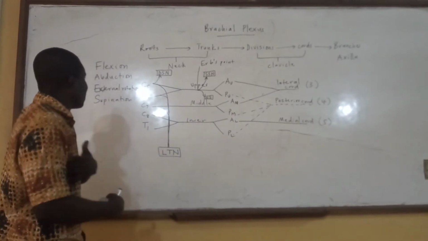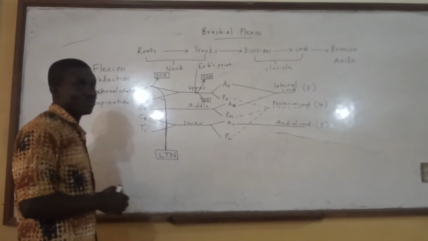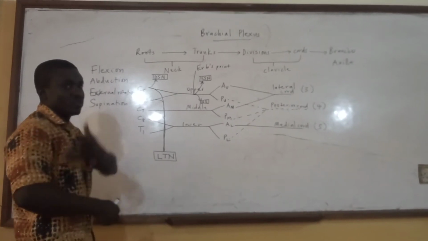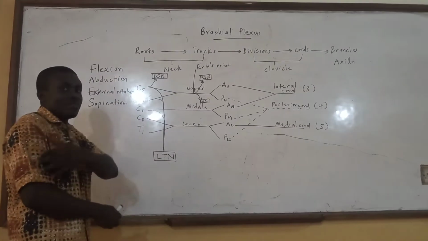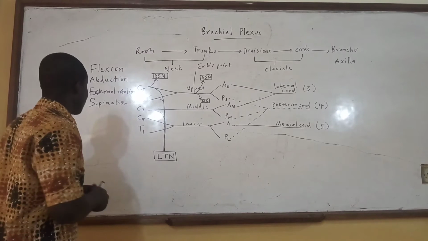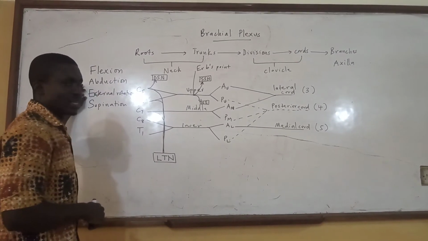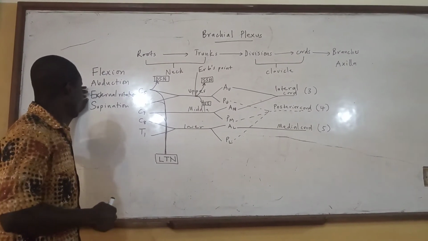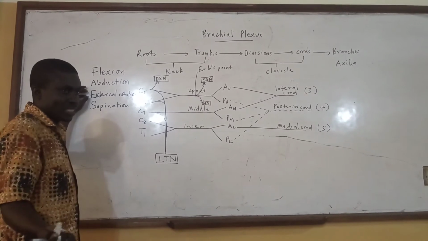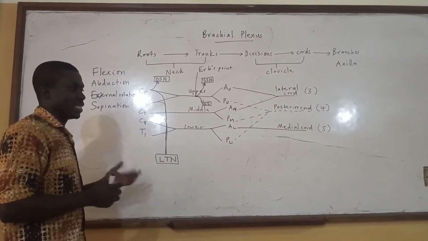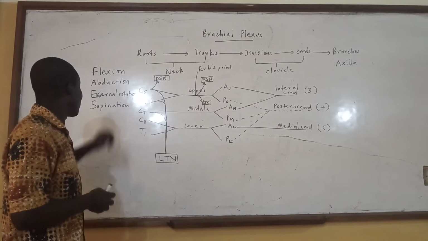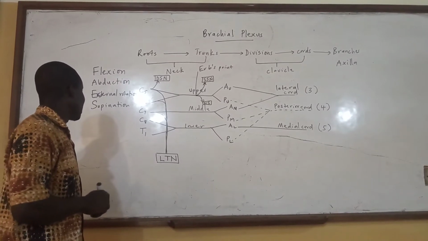For abduction, it means that the arm is adducted closer to the body. Therefore, the muscles which will be affected are the supraspinatus, for 0 to 15 degrees, and then the middle fibers of the deltoid muscle. For the external rotation, which is also affected, the teres minor as well as the infraspinatus muscles will be affected.